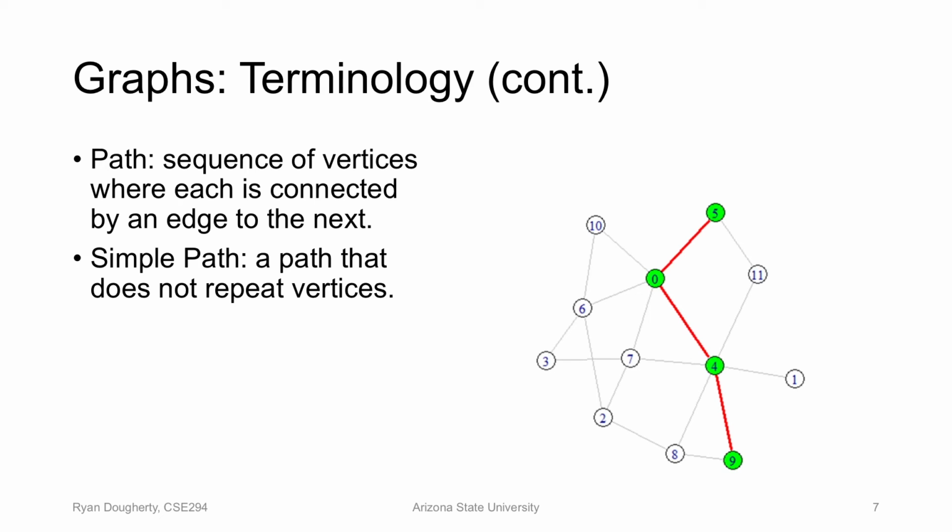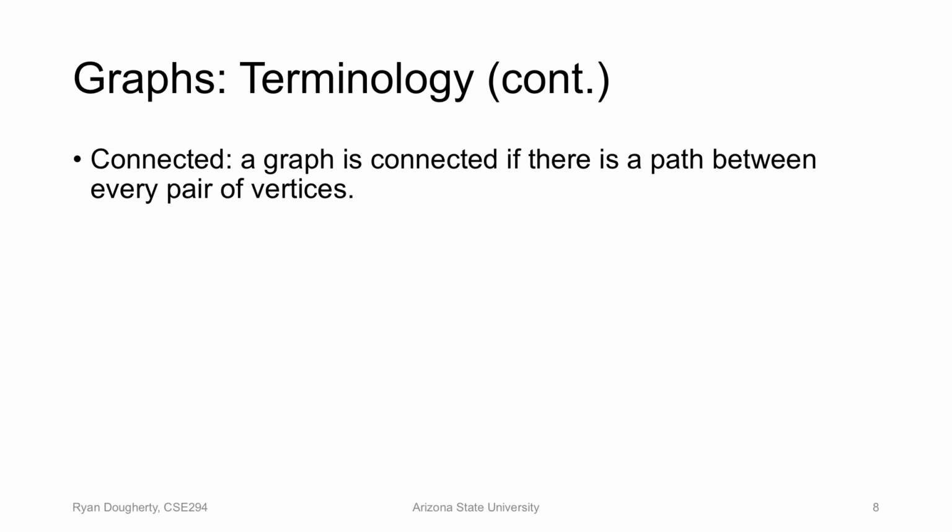So you can think of that as going to some vertex, then coming out, then coming back, and then keep going, right? So an example of that would be, say, 5, 0, 4, 11, 5, 0, 4, 9, because that repeats several vertices. So that would not be a simple path, but this one is simple. So sometimes we actually do make the distinction between paths and simple paths. Any questions about that? All right.